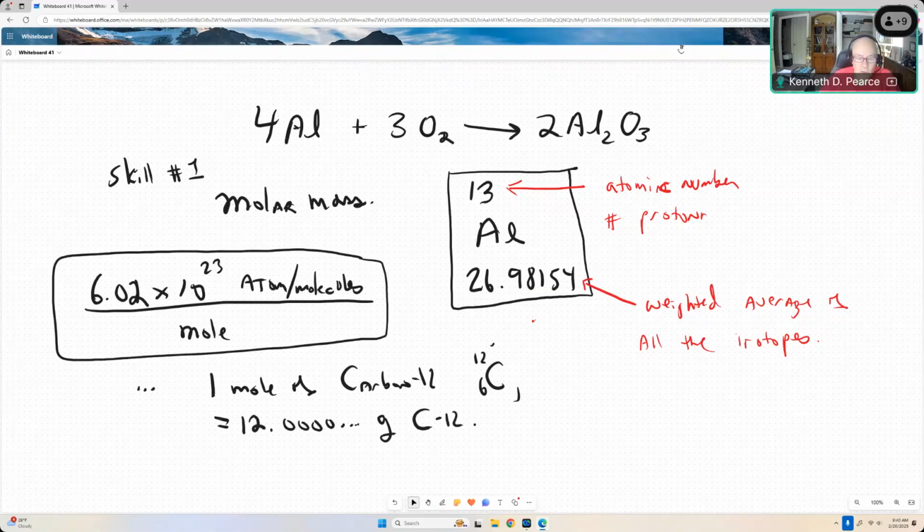And you may say to yourself, well, what does that do for us? Well, if you remember up here, we're counting the number of atoms and molecules in our equation.